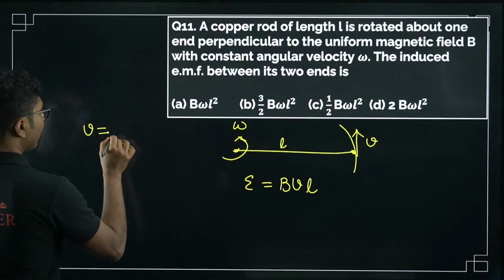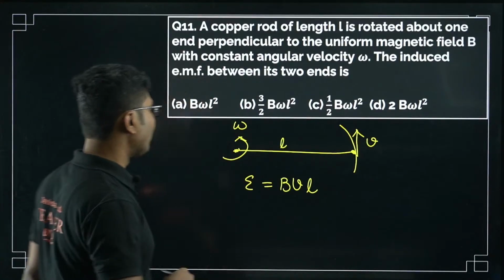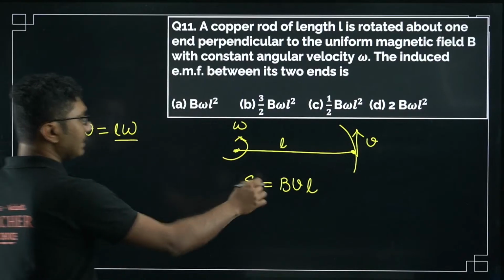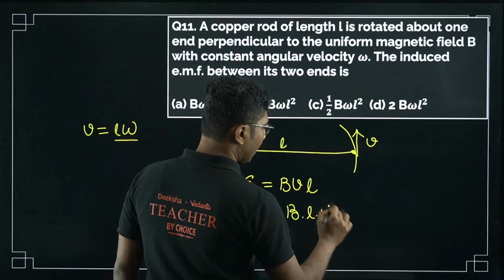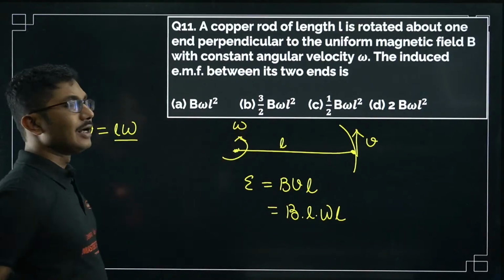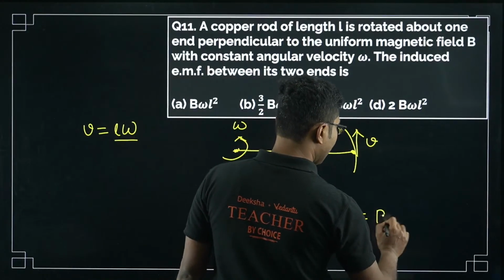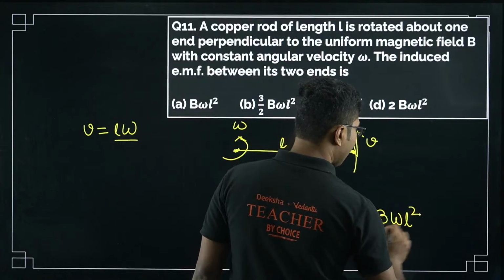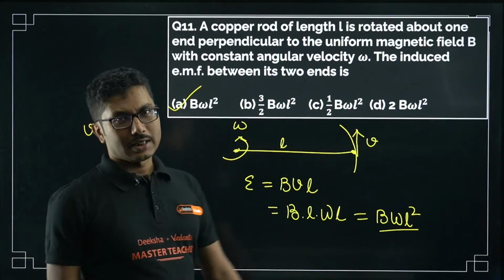V equals L omega. So we only have to put this L omega in this equation. So B into L into omega into L. That's it. Just convert the velocity into linear velocity, put the value, you will get the answer. B omega L square is the answer. So B omega L square, definitely option A is the correct answer.